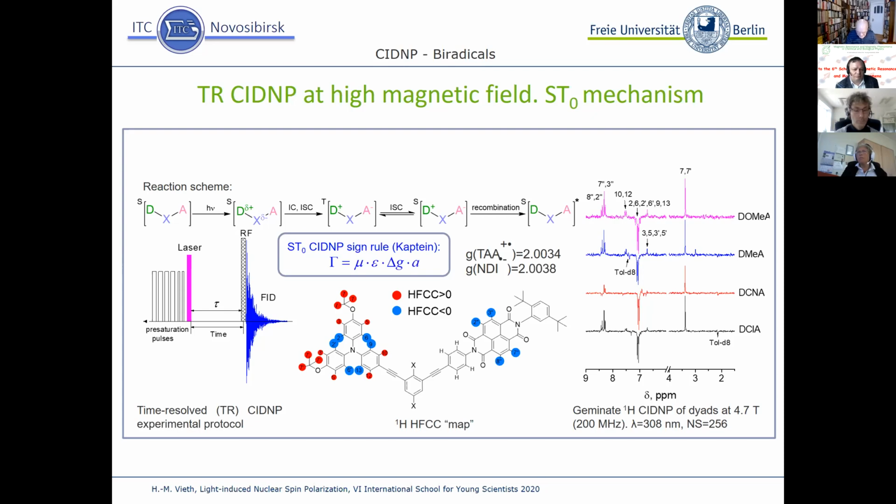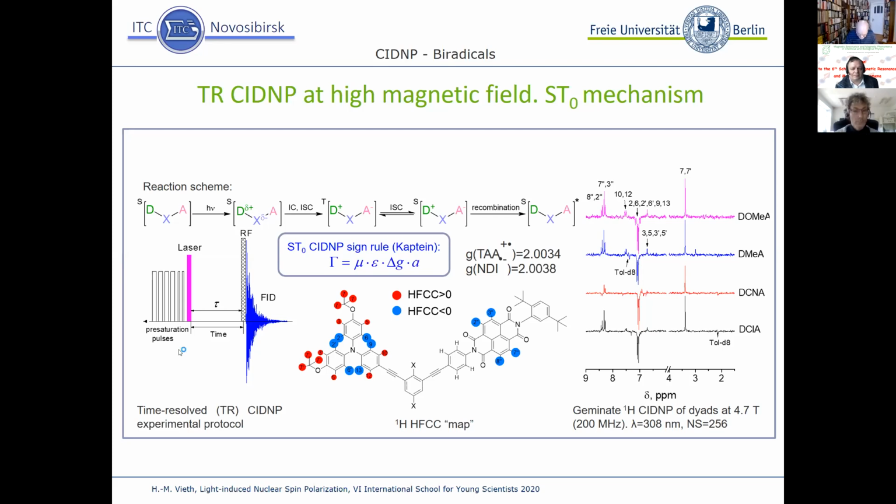Usually the triplet state has to live long enough that the radical pair is formed. And then in this radical pair, the triplet evolution is on the microsecond scale, because in the bulk processes, the individual radicals can encounter in a triplet state, which is then evolving, or they encounter in a singlet state.